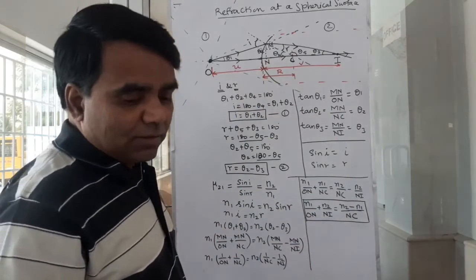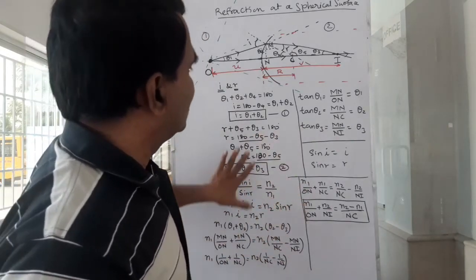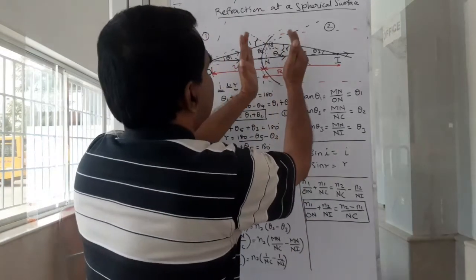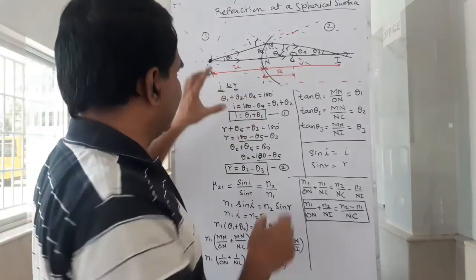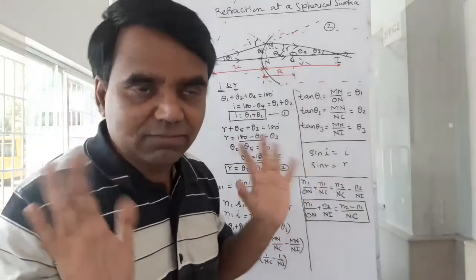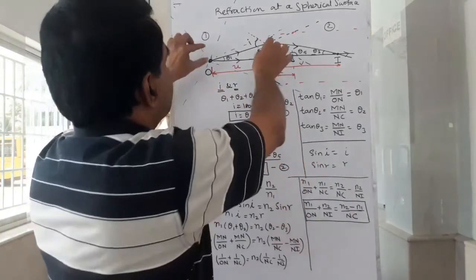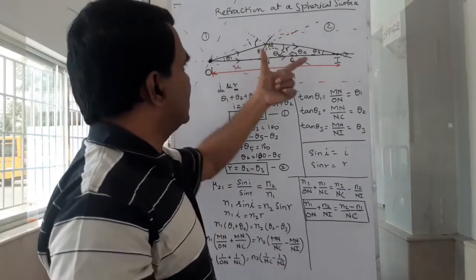So I can use U and V in place of ON, Ni and R in place of NC. The only catch is that I have derived this by taking the absolute values. I've just talked about ON. I didn't talk about negative ON, positive ON, nothing. I just took ON and said I took N1 divided by ON. Likewise N2 divided by Ni.